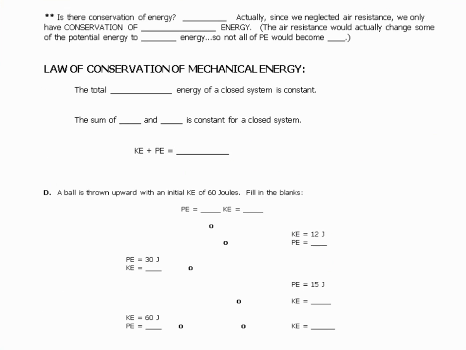So is there a conservation of energy? Yes. Actually, since we neglected air resistance, we only have a conservation of mechanical energy. The air resistance would actually change some of the potential energy to heat energy. So not all of the potential energy would become kinetic energy.